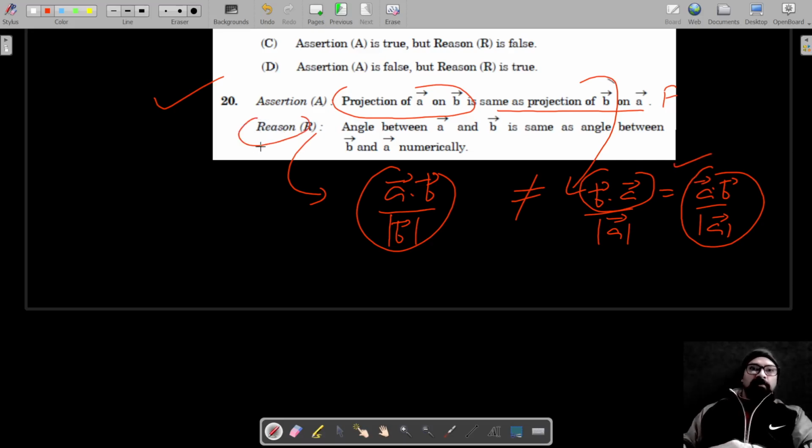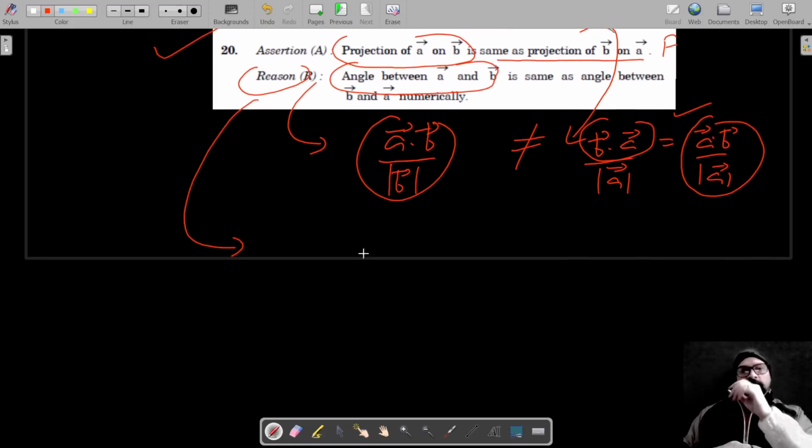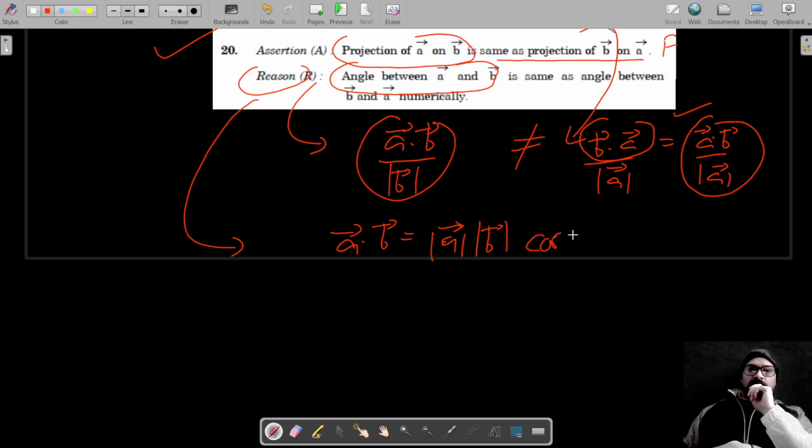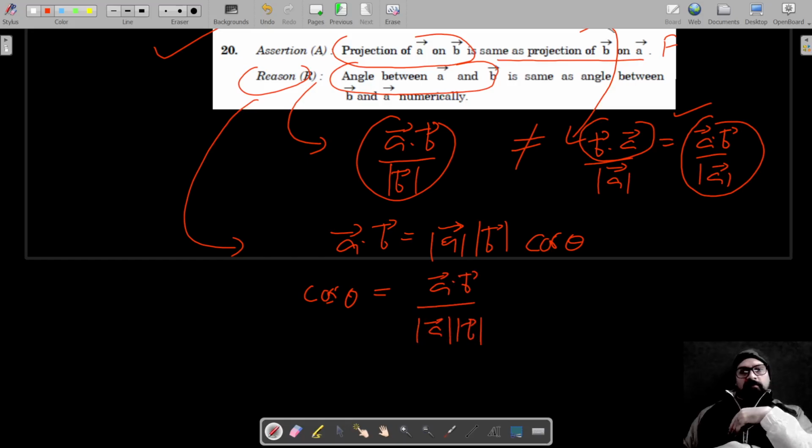Now coming to the reason, the angle between A and B. If we have to find the angle between A and B, we can use the dot product, which is magnitude of A into magnitude of B into cos theta, where theta is the angle between A and B. Which gives us cos theta equal to A dot B upon magnitude of A into magnitude of B.